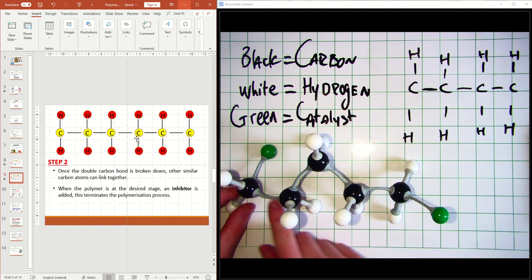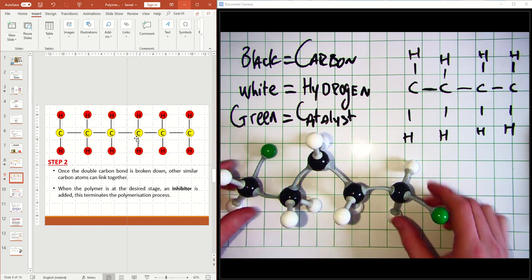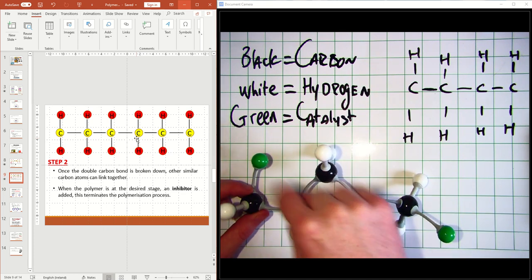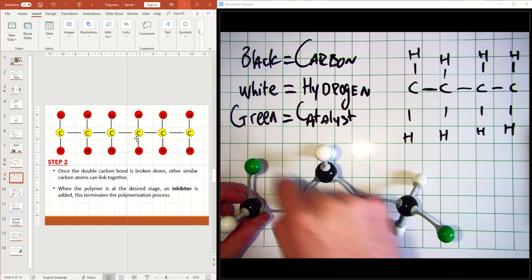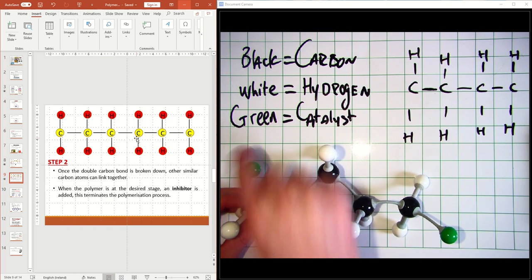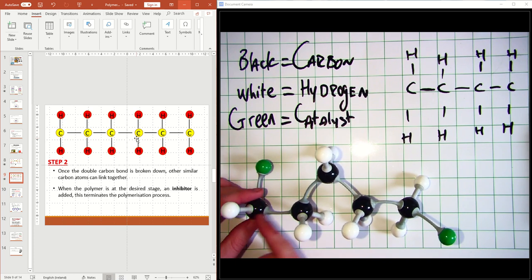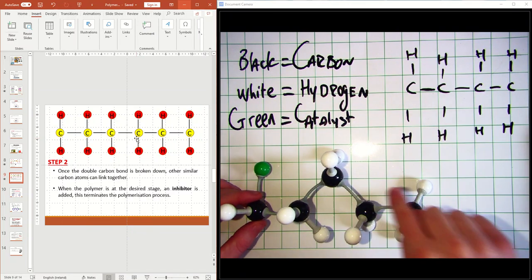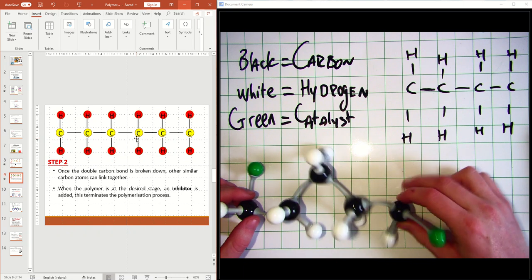And that's how addition polymerization works. Initially we have a double bond between the carbon atoms. It's broken down when the catalyst is added. This allows similar carbon atoms to add together, and this process repeats until I want to end it.